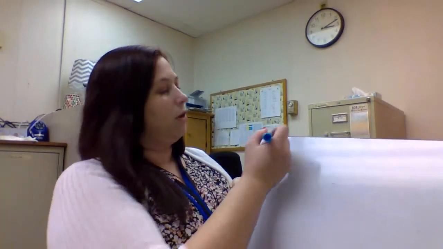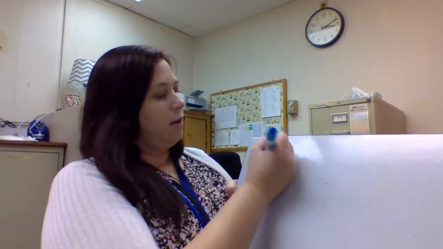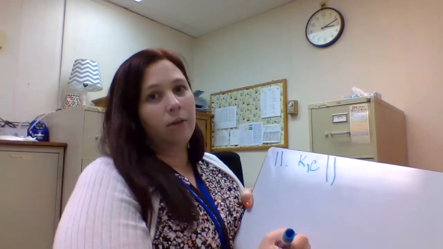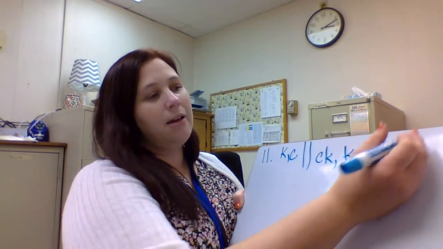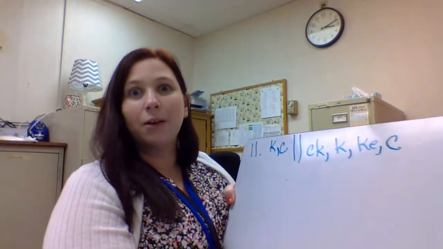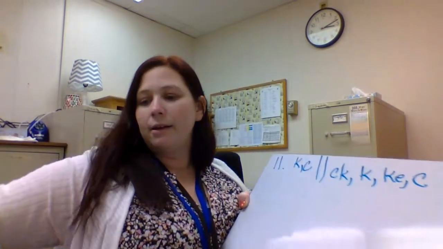We're going to write down the different ways to make the K sound on number 11. So for number 11, we have K, comma, C. And then as a final sound, we have CK, comma, K, comma, KE, comma, and now C, because we've learned this new way.